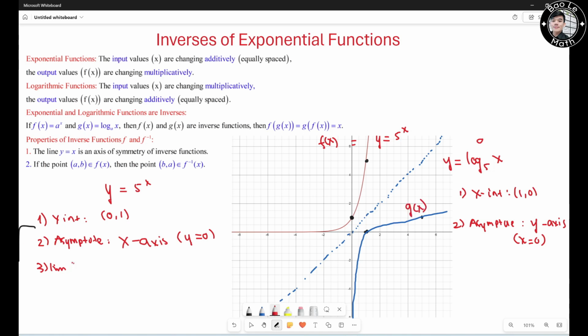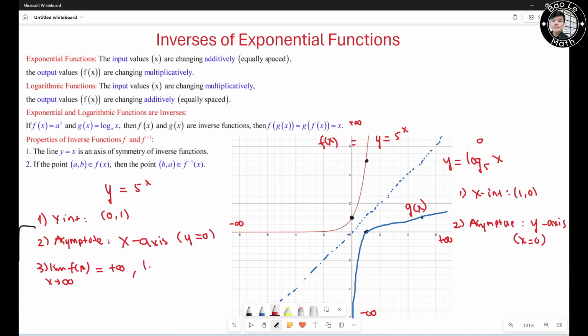The limit of the function f of s when s approaches positive infinity: this one is positive infinity, this is positive infinity, this is negative infinity, and this one is negative infinity. When s approaches positive infinity, which means s goes to the right, the function keeps going up forever. You see that? So it's going to be positive infinity.